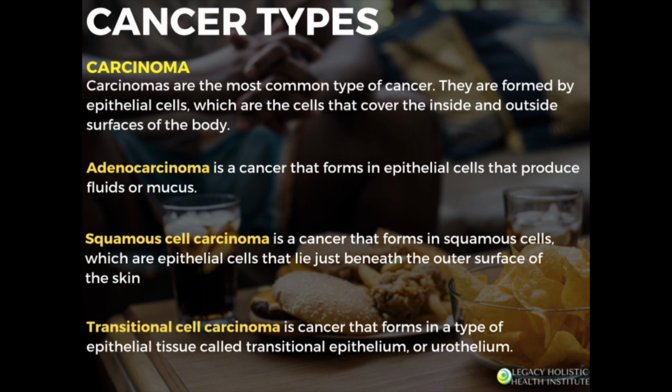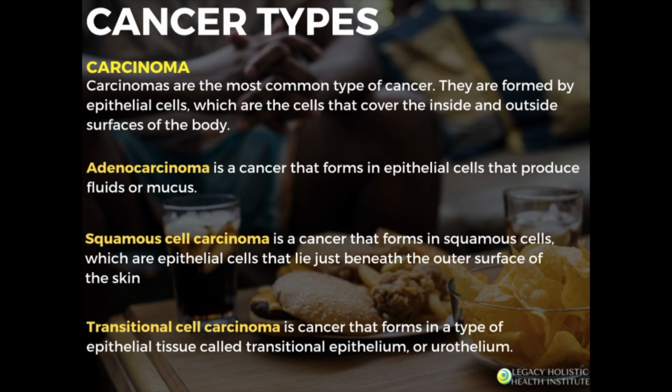Lung cancer starts in the cells of the lungs. Brain cancer starts in the cells of the brain. Cancers also may be described by the type of cell that formed them, such as epithelial cell or squamous cell. Here, we're going to discuss some different types of cancer and how they actually begin and come about.